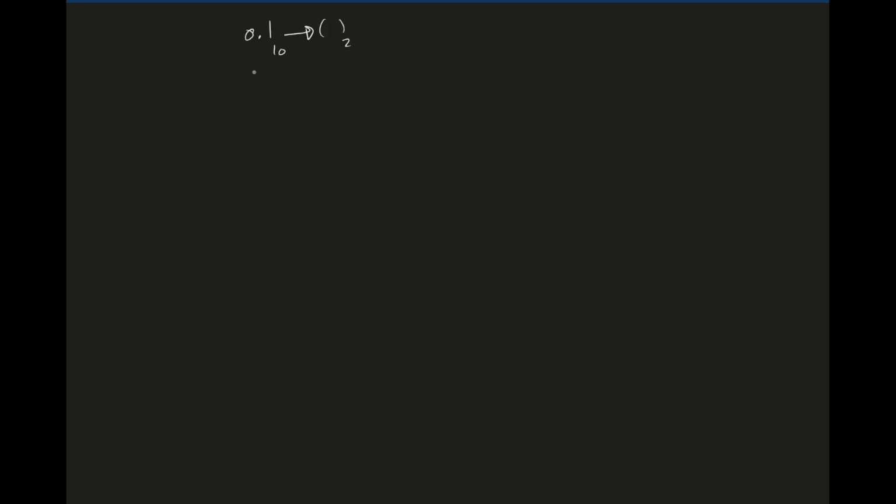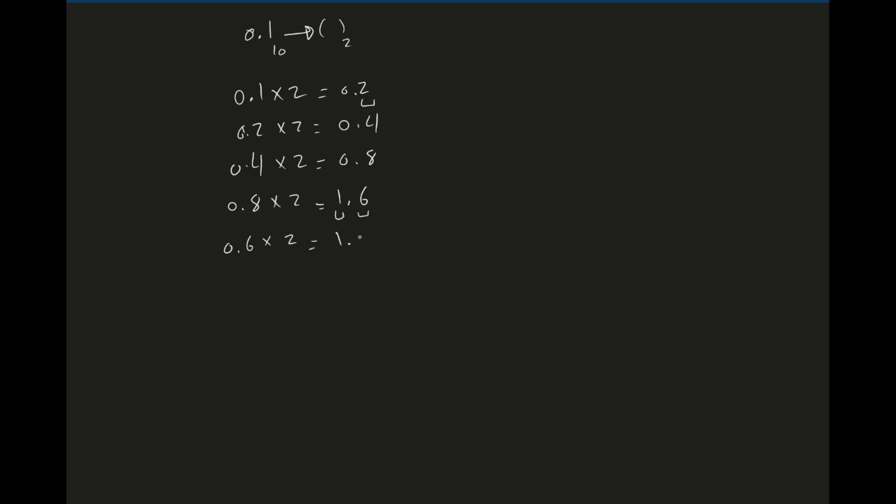I take the fraction part and multiply by 2, I get 0.2. Now 0.2 times 2 is 0.4, 0.4 times 2 is 0.8, 0.8 times 2 is 1.6. Now 0.6 times 2 is 1.2.